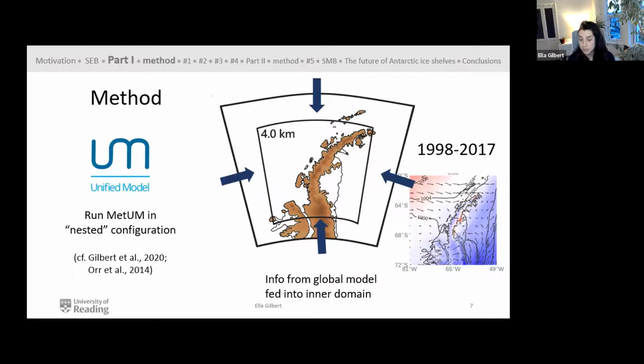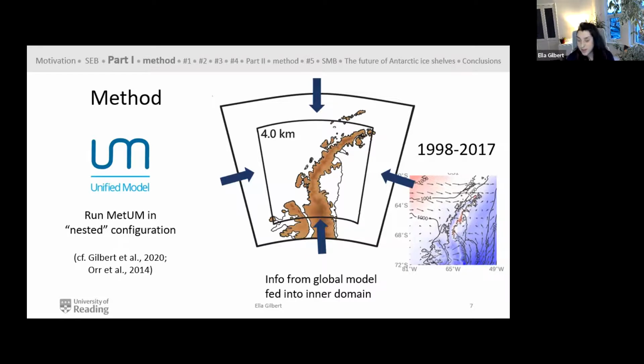So I'm using an atmospheric model. It's the UK Met Office Global Numerical Weather Prediction Model, except, of course, instead of looking at the UK, I'm looking at Antarctica, and instead of predicting the future, I am using it as a hindcast, from 1998 to 2017.